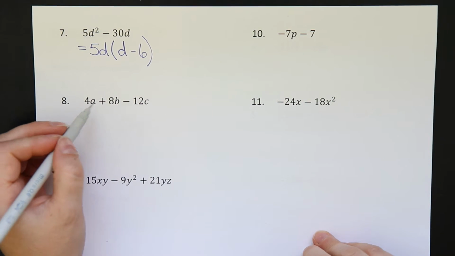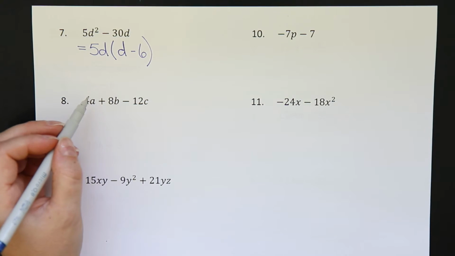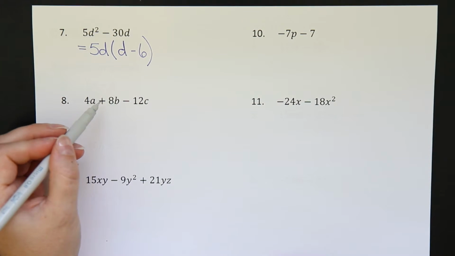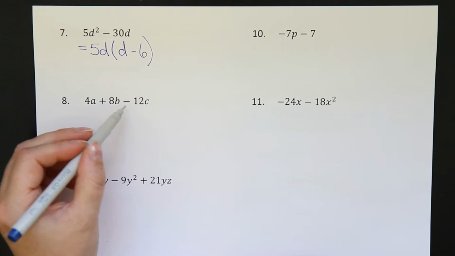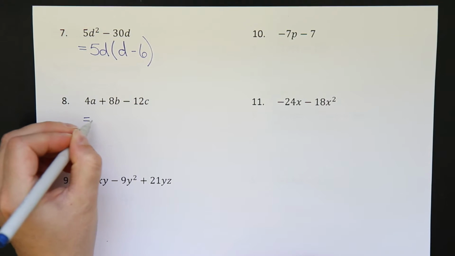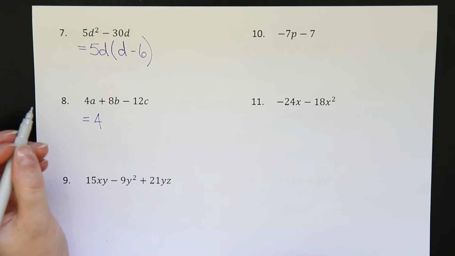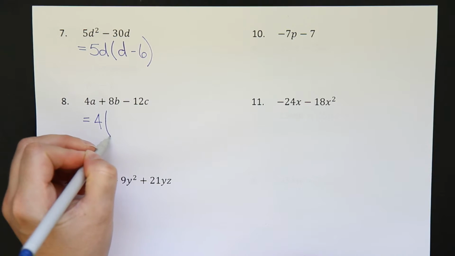Question 8. The process still applies if I have 3 terms, but I need to find a factor for all of them. So 4a plus 8b minus 12c. All of those numbers can be divided by 4. There is no common letter in those, so 4 is my only factor.